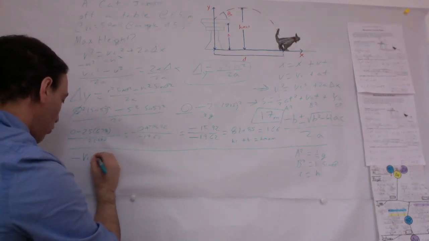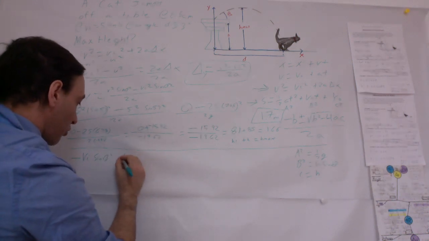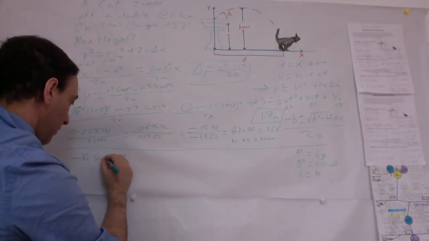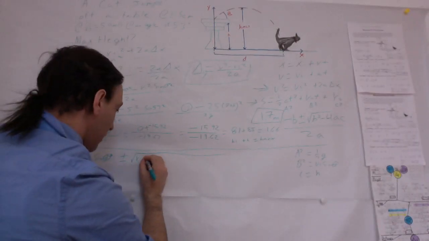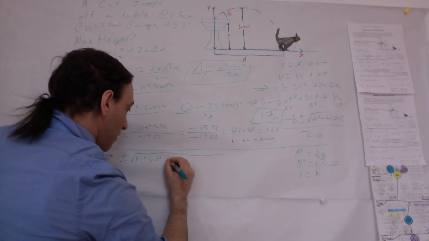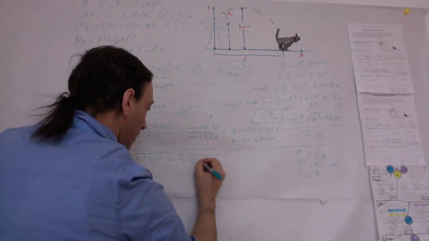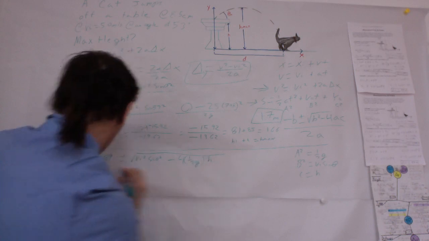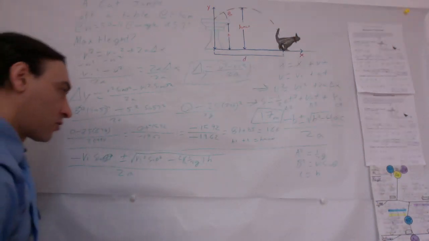Negative v initial sin theta plus or minus the square root of v initial squared sin theta squared minus 4 times g and the h, all over 2a.